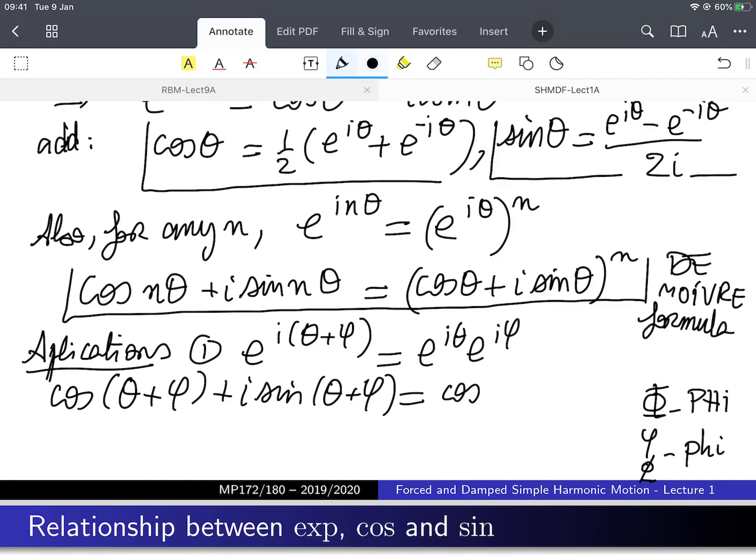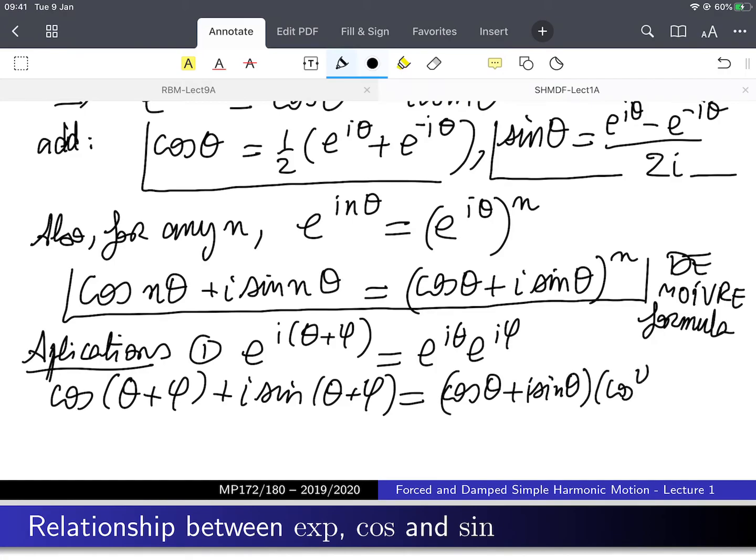So on the left, I have this. On the right, I have cos theta plus I sine theta times cos phi I sine phi.